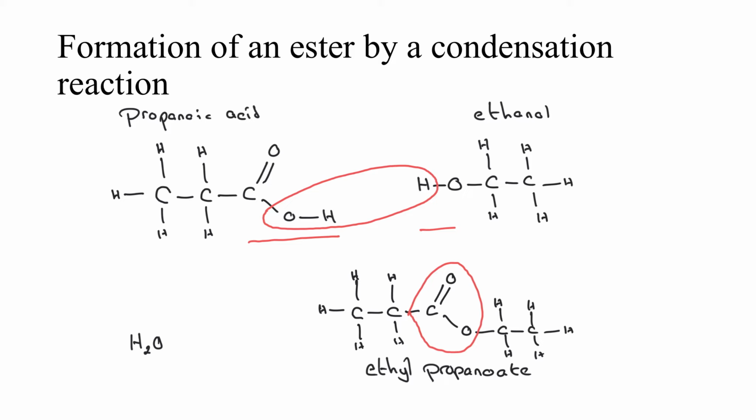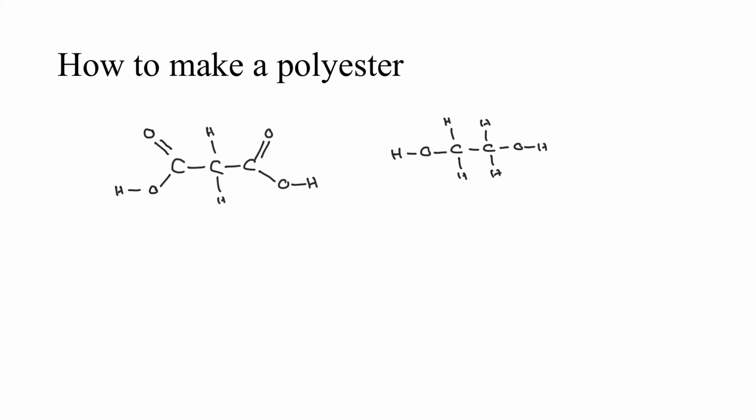Now remember, this is a condensation reaction because we've got rid of H2O. So here we've got propandioic acid and ethan 1,2-diol. So let's get rid of H2O here. Remember, it's the OH from the carboxylic acid and the H from the alcohol.